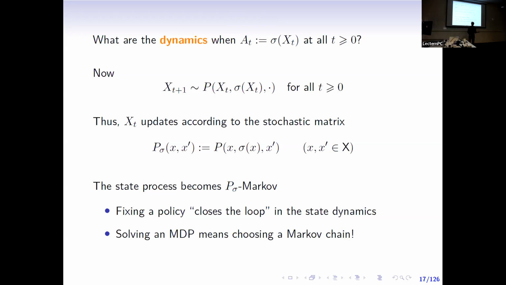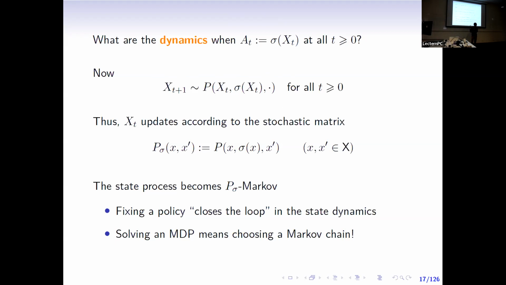Now, let's say we've picked the policy, calling it sigma. How does the state update? Well, now the actions are prescribed by the state. The state is going to update like this, and that's just a function of x. So if I define P sub sigma to be the updating rule when I follow policy sigma, if you look at that, this is exactly a Markov matrix, or a stochastic matrix.